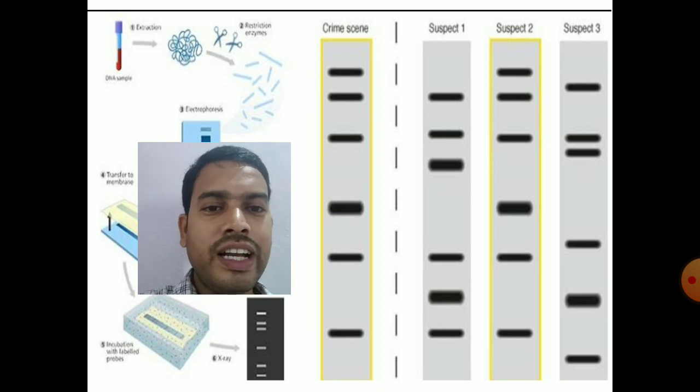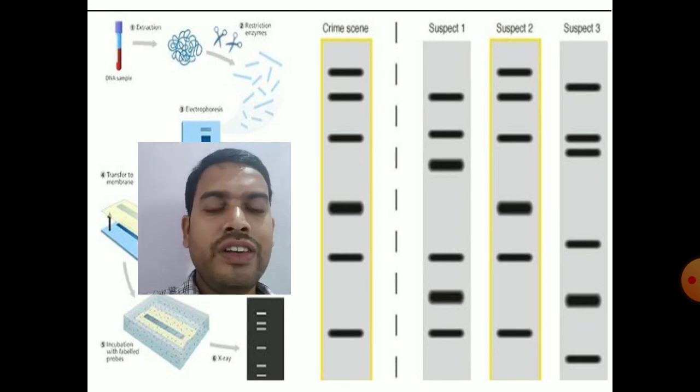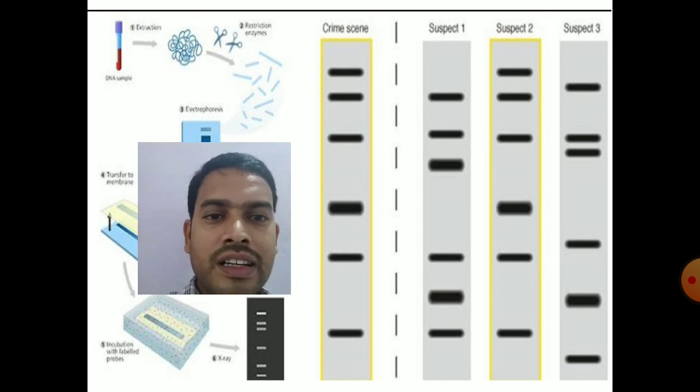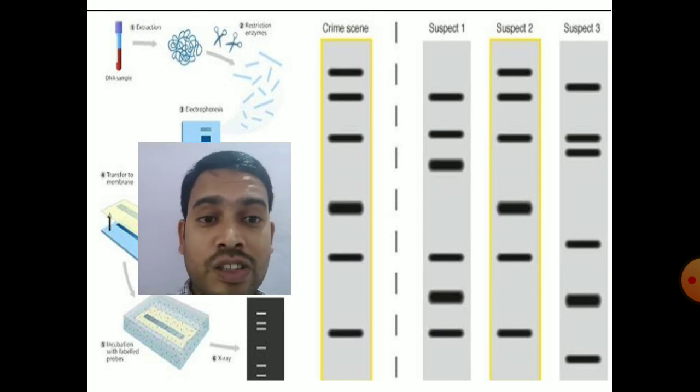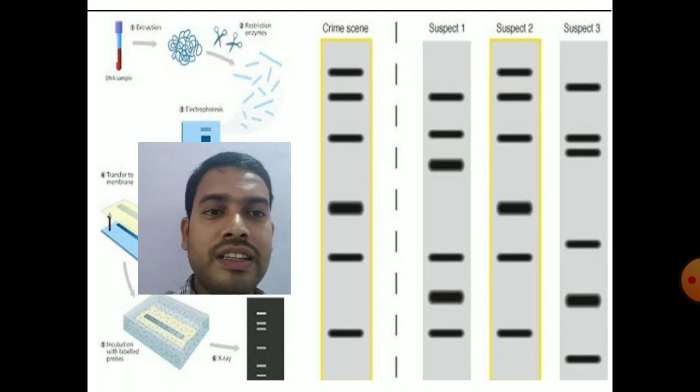Like this, you can identify paternal issues by using DNA fingerprinting, and you can also use it as a taxonomical aid for studying the migration of species and identification of species.